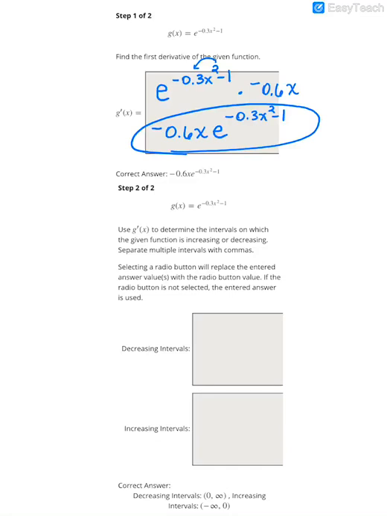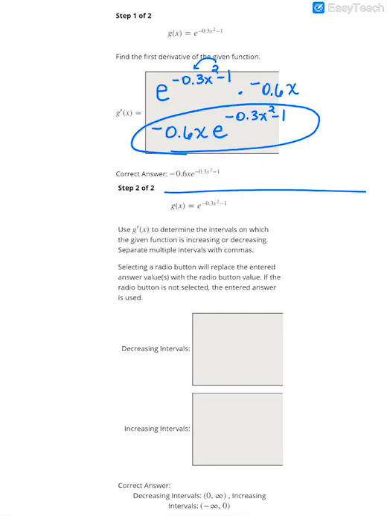Now in part 2 of this one, they're wanting me to look for increasing and decreasing intervals. So of course this is where I'm going to want to make a sign chart. I'm going to want to first set the derivative equal to 0 so that I can make a sign chart, and then we'll see if we have any critical values.